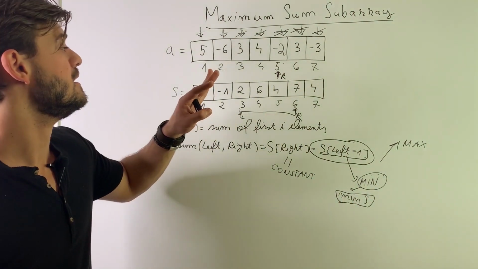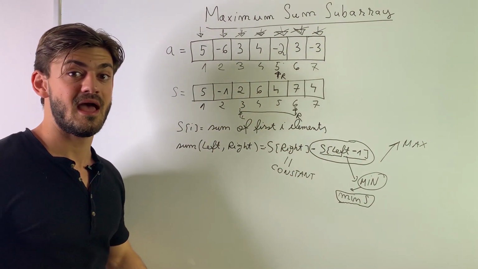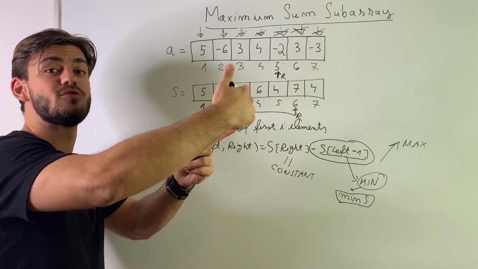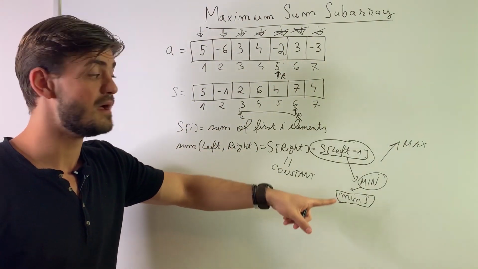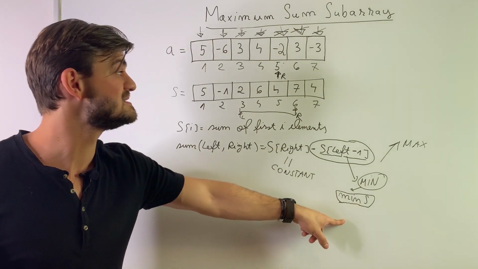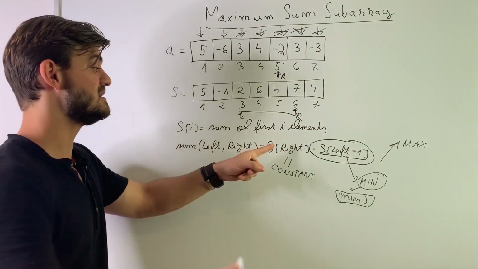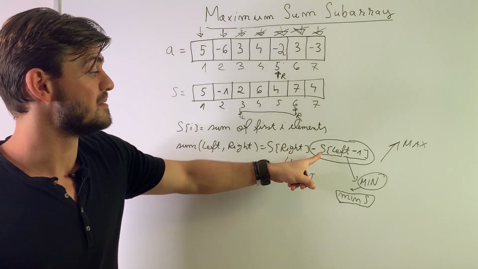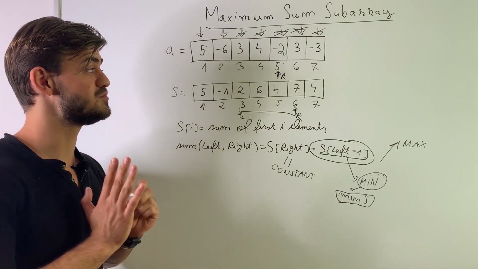So I gotta update the answer with s_right minus min_s, and after that, for the next right pointers, I'm gonna have to update the min_s with the minimum of the value it already holds and this s_right, because this s_right at the next step is also gonna be some s_(left minus 1) for the next right. Okay? So it's pretty simple.